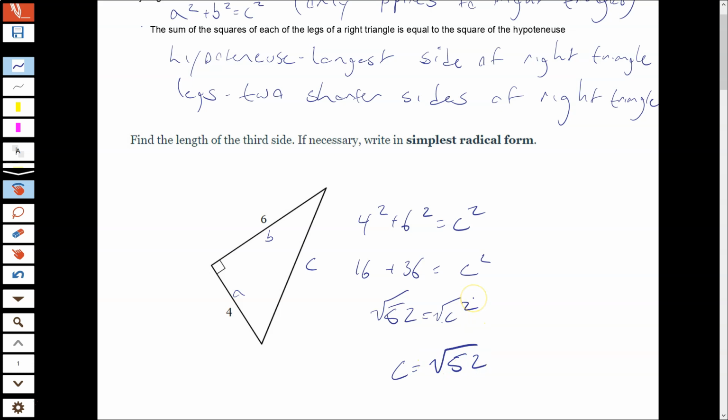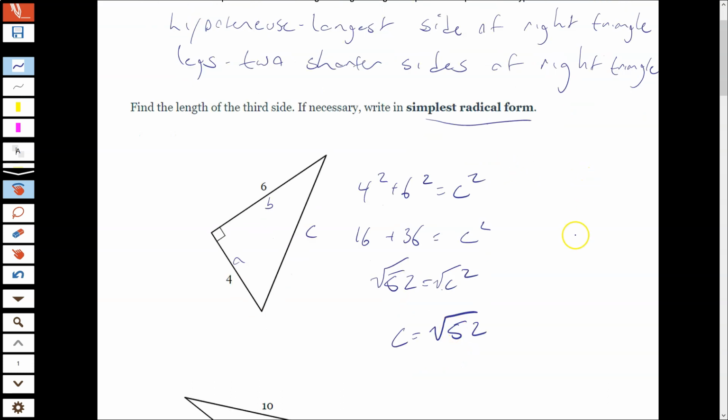Now, unlike previous situations where we would type this into our calculator, we want simplest radical form. Simplest radical form. What that means is we're going to leave our square root in, and we're going to simplify it. I know that you've done this before in previous classes. So the square root of 52, we're going to factor. 52 is 4 times 13, and 4 is 2 times 2.